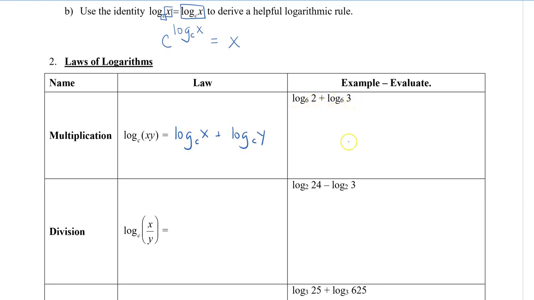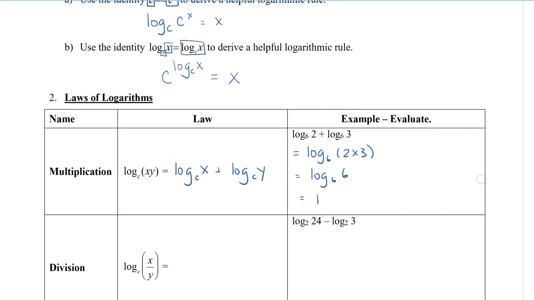So using this as our example with some numbers, this would become log base 6, 2 times 3, which is log base 6, and then 6. So the answer to this is going to be 1. So 6 to the power of 1 would equal this value of 6. And you can also now use this helpful rule here. Since c and c, 6 and 6, are the same, our answer has to be what the exponent is raised to. In this case, we could say that it's 1.